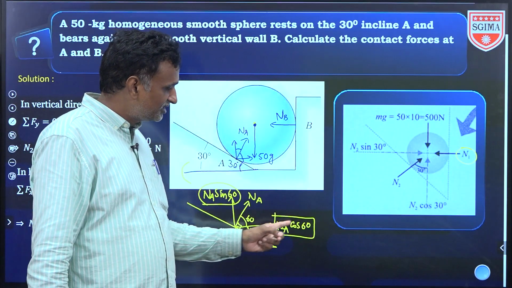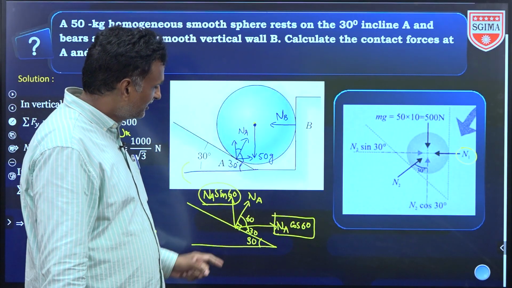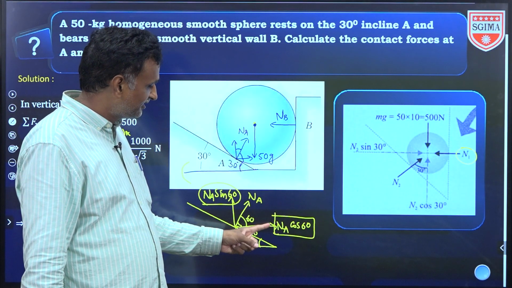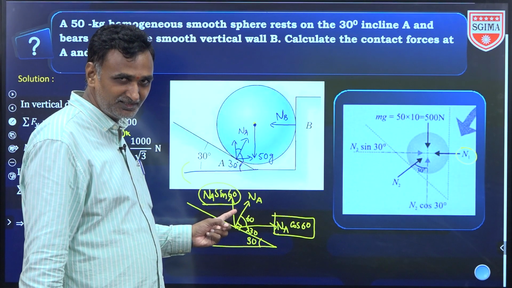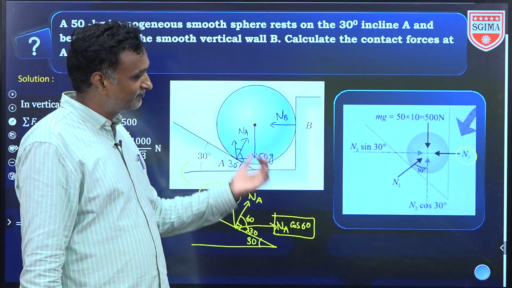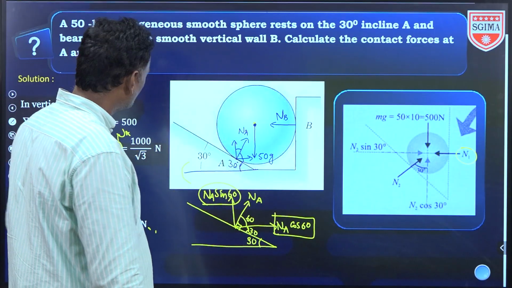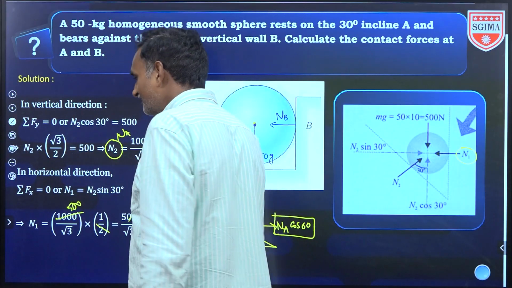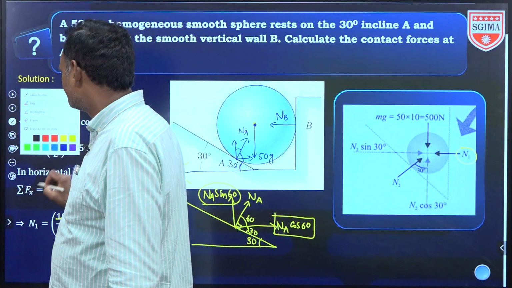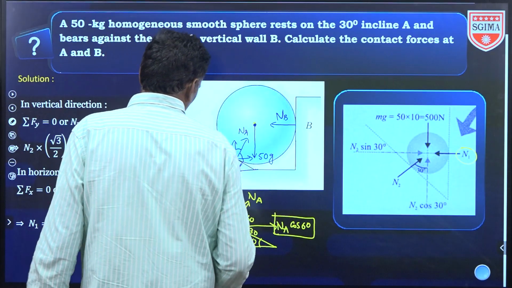Here N2 cos 60 will come. I just took 60 degrees with horizontal; the same concept we can solve with vertical direction 30 degrees. For anybody who may feel confused from here to here, let me explain this concept by taking the same angles.